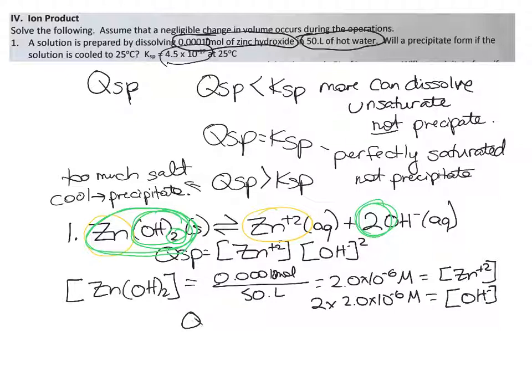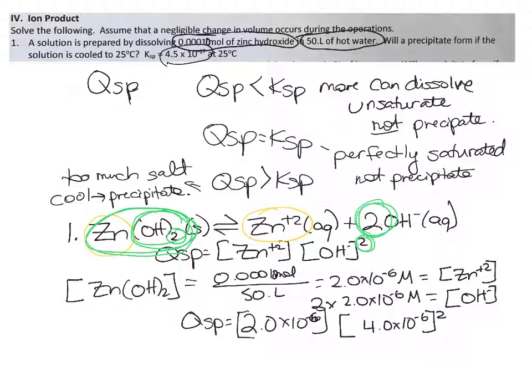So plugging this into our QSP expression, we're going to get the concentration of zinc ions. This is 10 to the negative 6, I'm sorry. And the concentration of the OH minus ions, which is now 4.0 times 10 to the negative 6, and we have to square it.